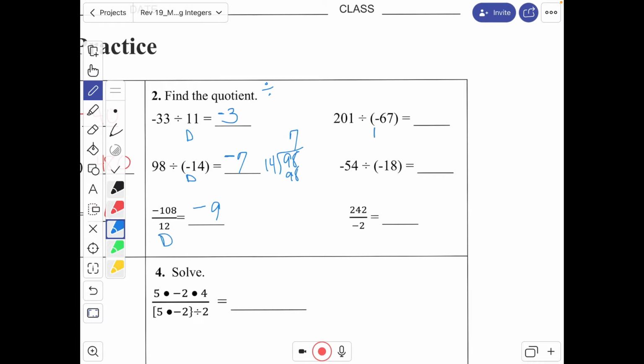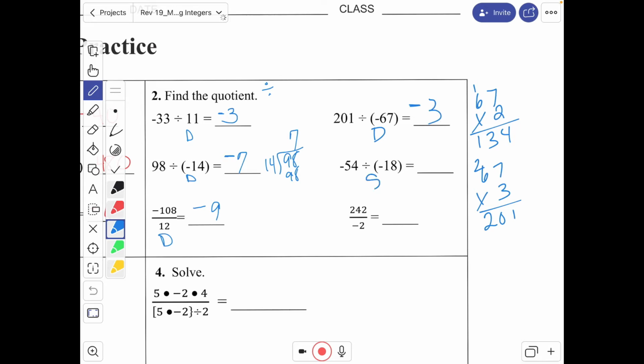201 divided by negative 67. Well, the signs are different, so the answer is going to be negative. And then what times 67 is going to make 201? Need to have something bigger. 3. So negative 3.